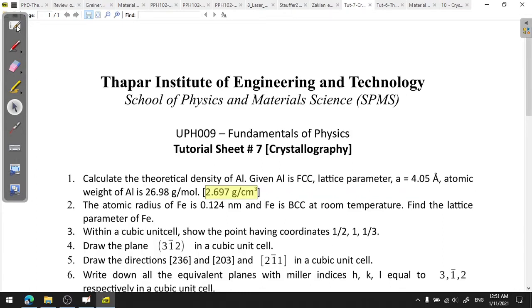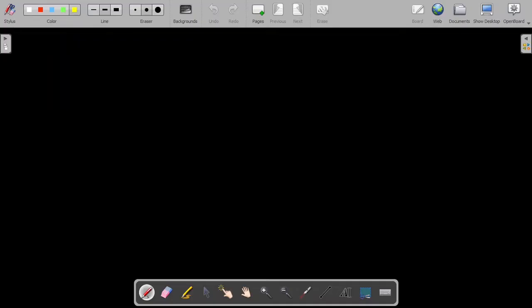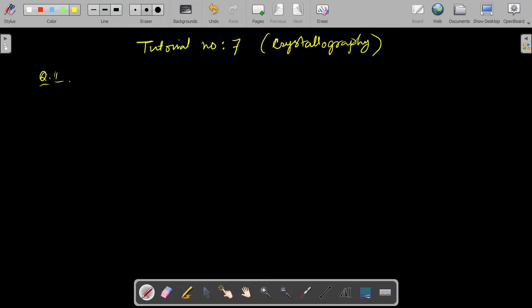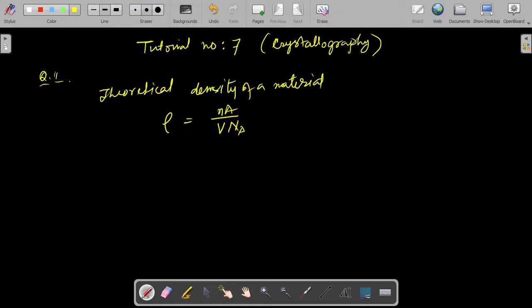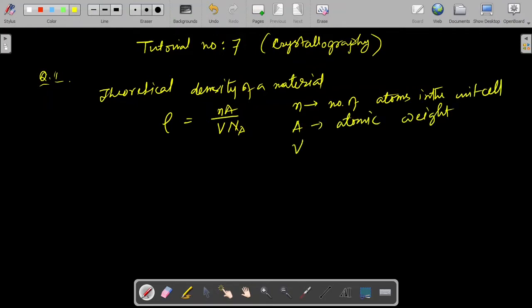So let's start. So these are the given data. Generally the theoretical density of a material is given by, where these quantities: n is the number of atoms in the unit cell, A is the atomic weight, V is the volume of the unit cell, Na is the Avogadro's number, right?